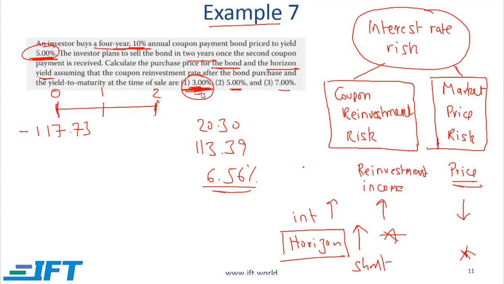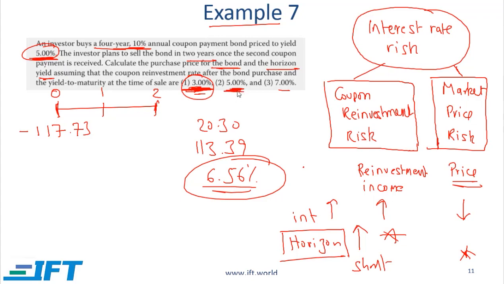A decrease in interest rate means that the price will go up and reinvestment income will go down. But since the horizon is short, the increase in price is more than the relatively lower amount of reinvestment income. So effectively, our return is higher than the initial YTM.